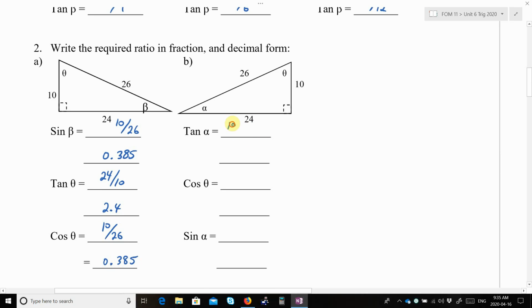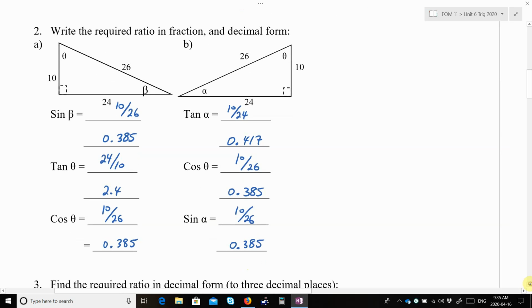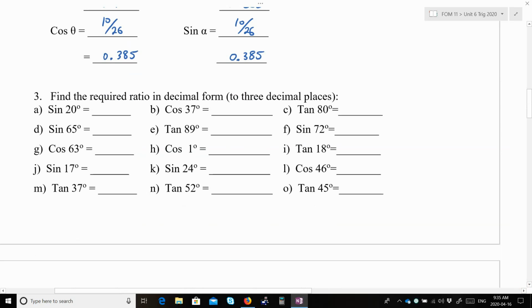Tan alpha is 10 over 24, 0.417. Cos theta is 10 over 26, 0.385. Sine alpha is 10 over 26, which is 0.385. All right, on to number 3, find the required ratio in decimal form to 3 decimal places.